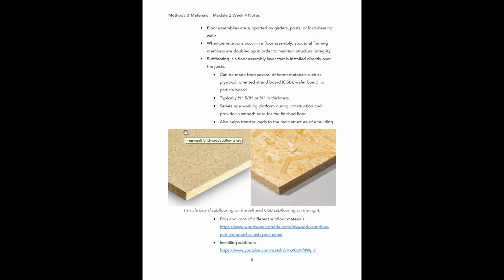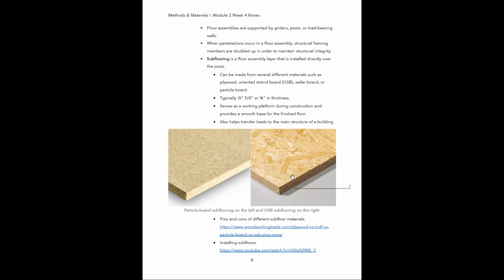But basically, you have plywood, so you all understand what plywood is. That's just a bunch of layers that are laminated together. Then we have what we see here on the right. That is called OSB, oriented strand board, and that's basically just long linear strands, hence the term strand board, that are cut up and then pressed and laminated together.